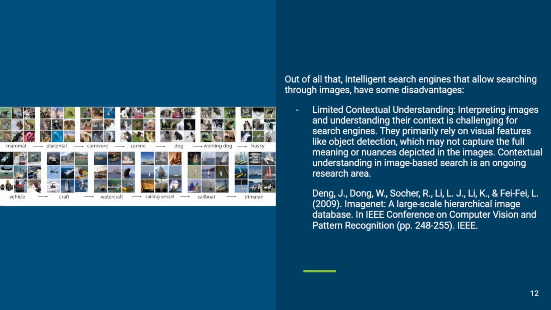And from all of that, an intelligent search engine that allows searching for images has some disadvantages. First is limited contextual understanding. Interpreting images and understanding their context is challenging for search engines. They usually rely primarily on visual features like object detection, which may not capture the full meaning of what is depicted in the image.